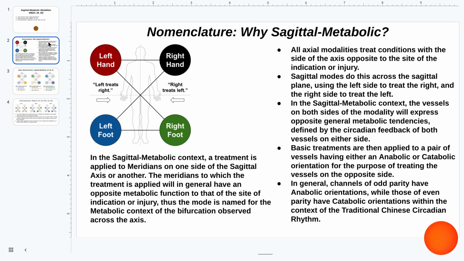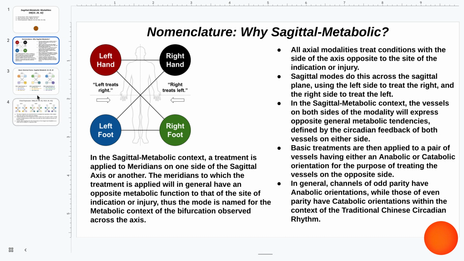In the sagittal metabolic context, the vessels on both sides of the modality will express opposite general metabolic tendencies defined by the circadian feedback of both vessels on either side. Basic treatments are then applied to a discrete pair of vessels having either an anabolic or catabolic orientation for the purpose of treating the vessels on the opposite side. In general, channels of odd parity have anabolic orientations, while those of even parity have catabolic orientations within the context of the traditional Chinese circadian rhythm.